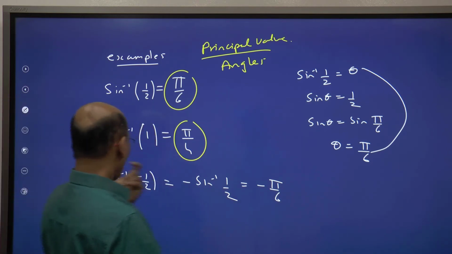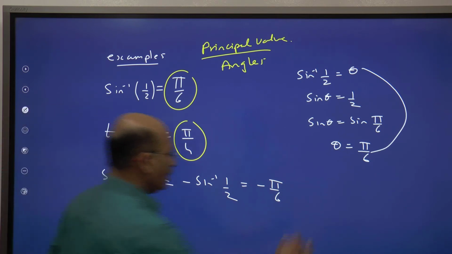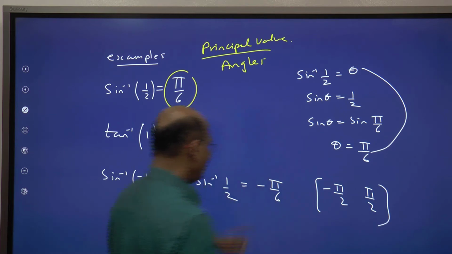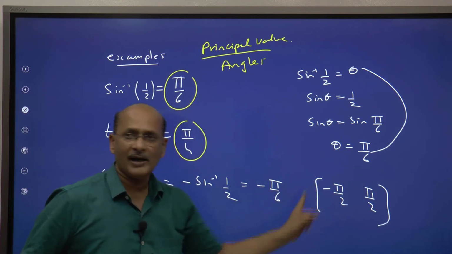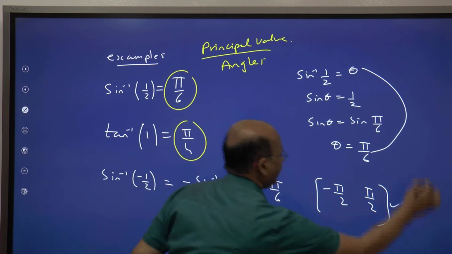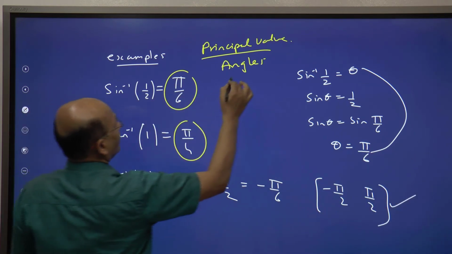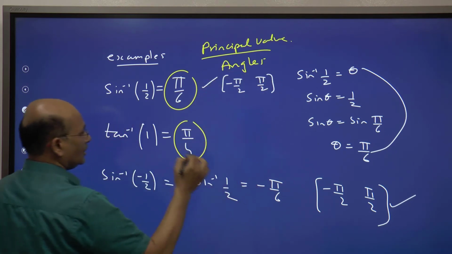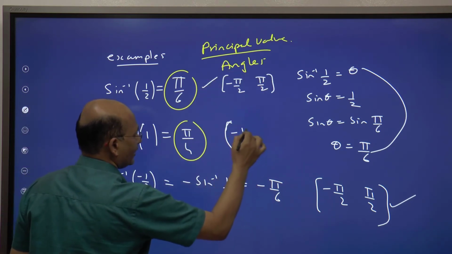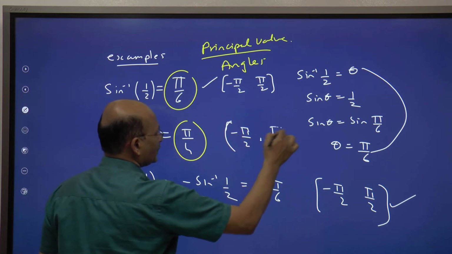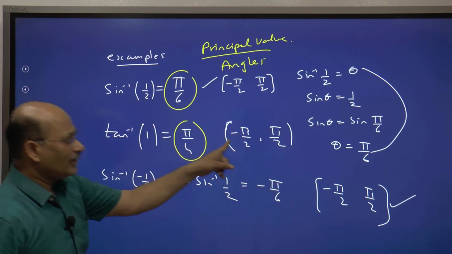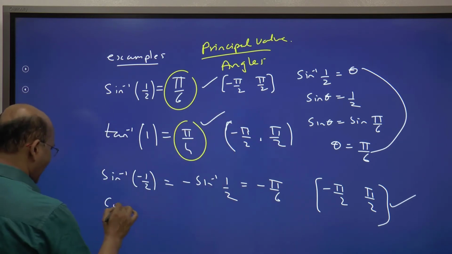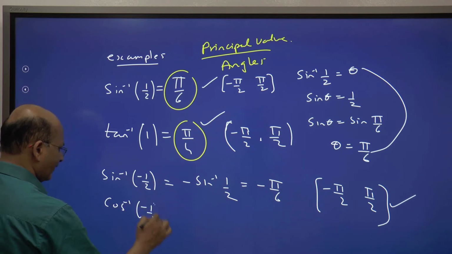But tell me, what is the principal value of the inverse sine function? It is minus pi by 2 to pi by 2. Does minus pi by 6 lie between minus pi by 2 and pi by 2? Yes, it lies. Does pi by 6 lie between minus pi by 2 and pi by 2? Yes, it is true. So here it is minus pi by 2 to pi by 2 principal value. My pi by 4 also lies between minus pi by 2 and pi by 2. This is also true. Similarly, suppose I have cos inverse of minus half.